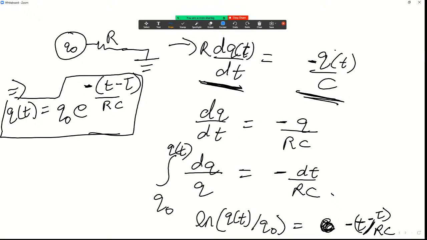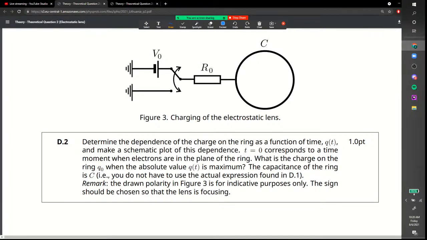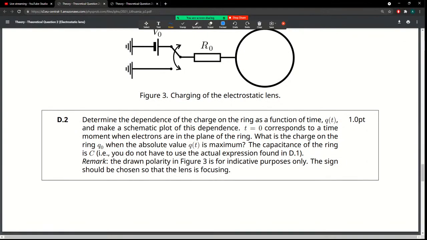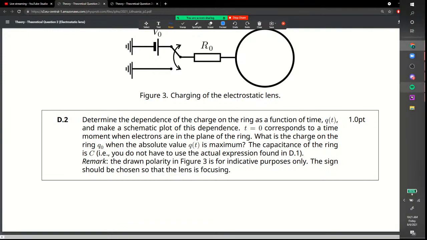Okay. Then you have all the possible values of the charge. And then we have to draw a plot for the dependence.